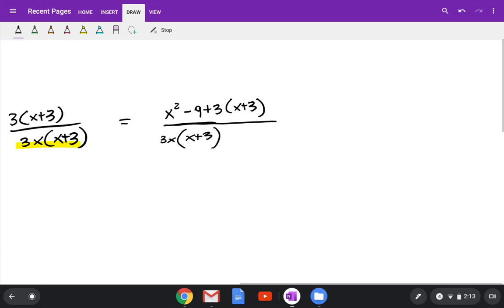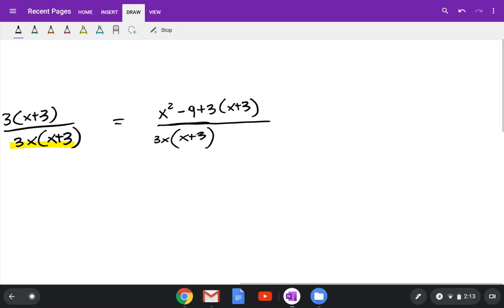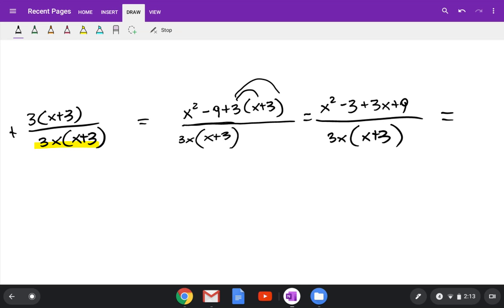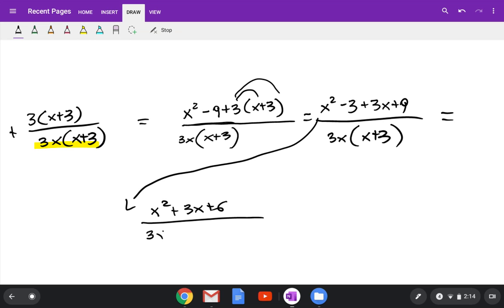So let's simplify this. That will give us x squared minus 9, and now here we distribute, plus 3x plus 9 over 3x times x plus 3. Let's combine like terms. So we have x squared plus 3x plus 6 over 3x times x plus 3.